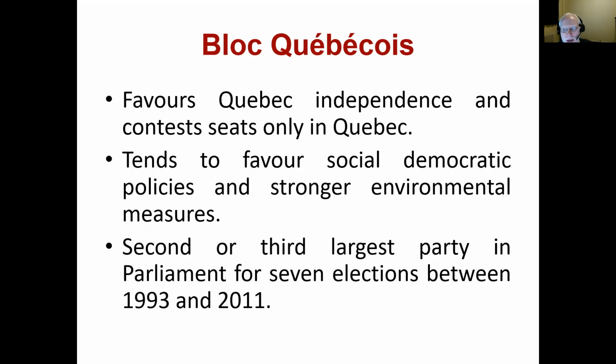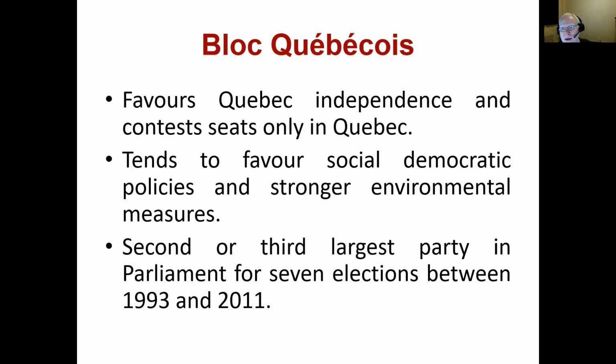The extent that the Bloc Québécois places on independence will vary with the time. In the Quebec electorate, there's always strong support for Quebec nationalism, but for Quebec independence, the level of support will vary.